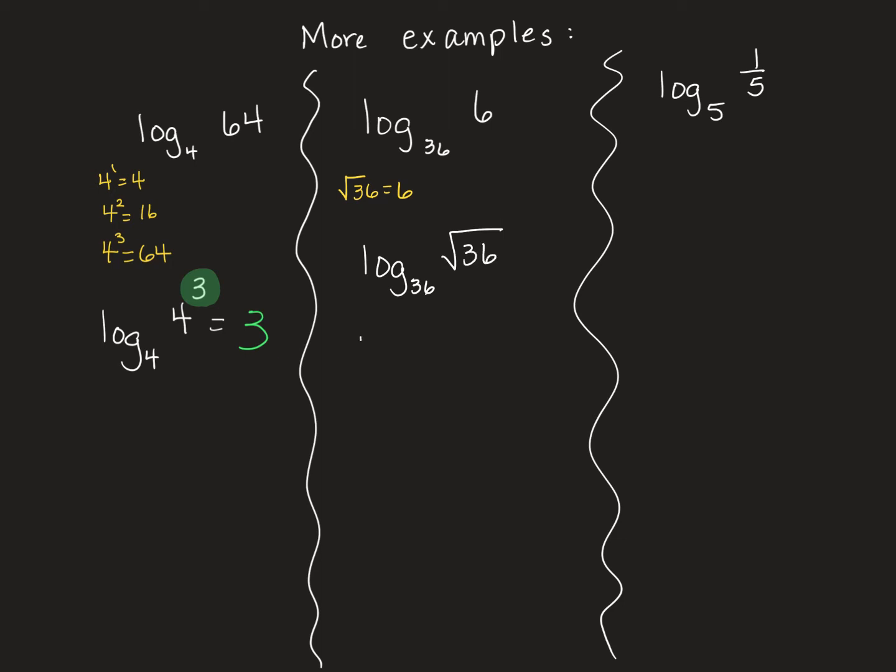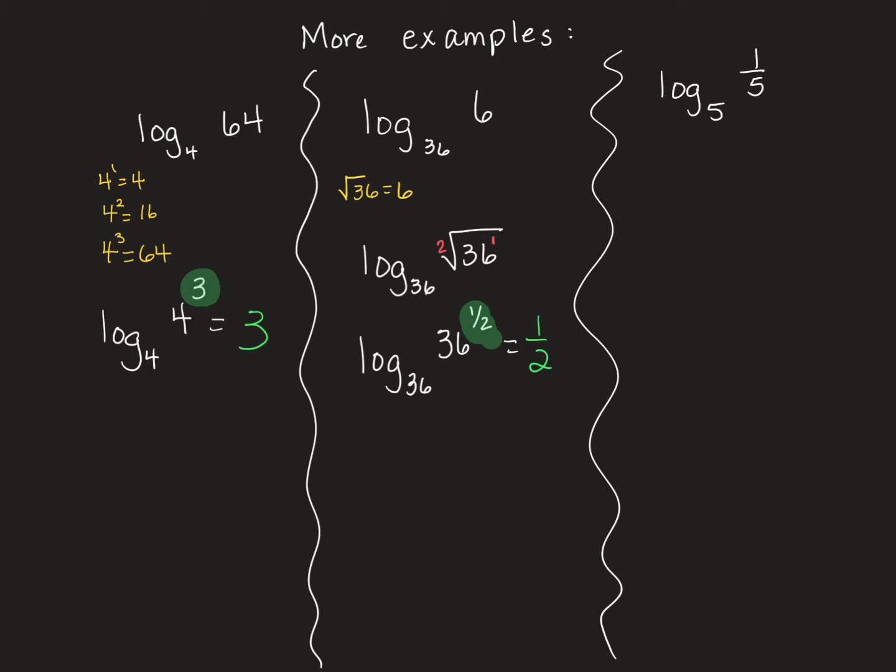I'm going to change this to read log base 36 of 36 to the 1/2 power, because I need that exponent. Remember there is a 1 here and an imaginary 2 there, and it is always your power over the index, the power over what kind of root or radical you're taking. This is a square root, so this is going to be a 1/2. My answer is my exponent, that's 1/2, so my answer is 1/2.